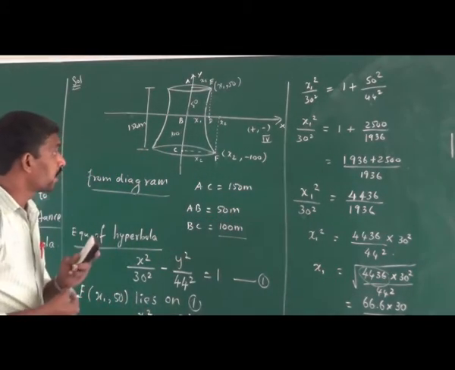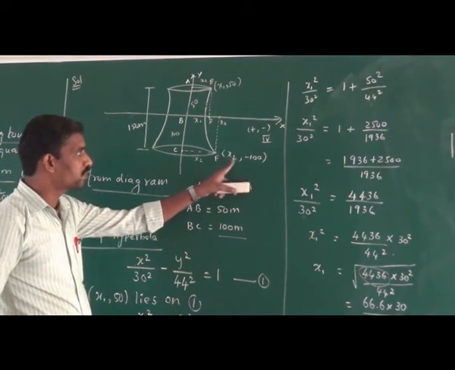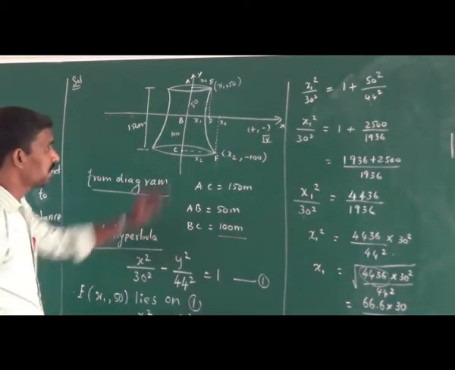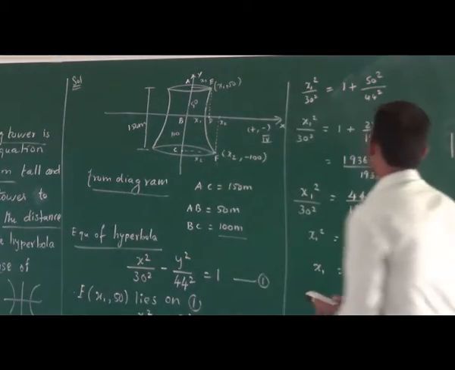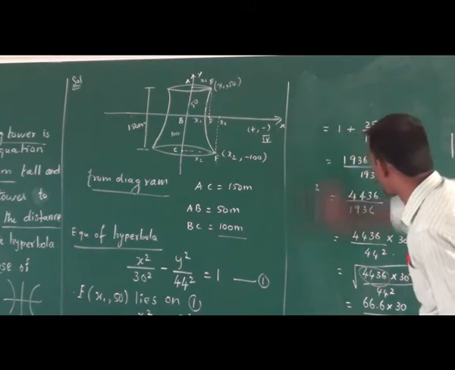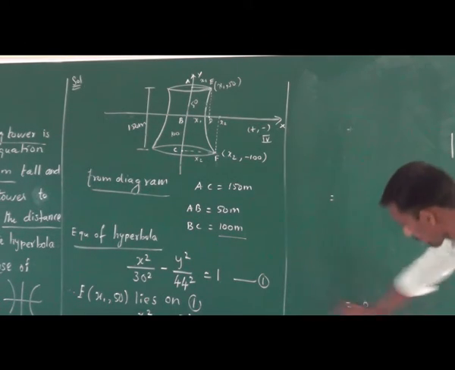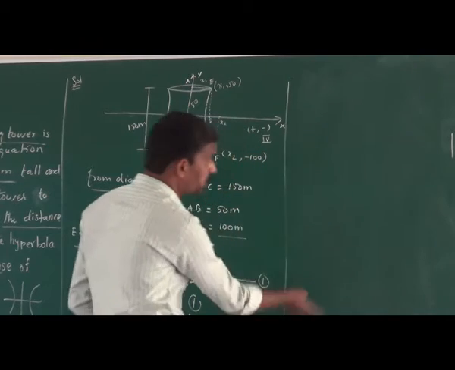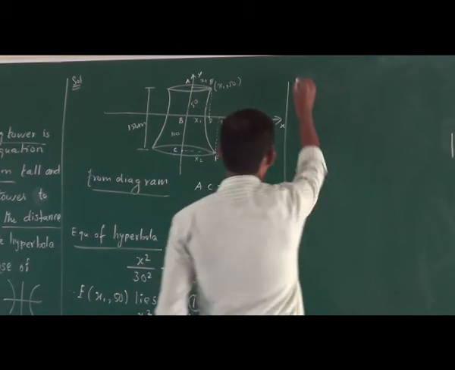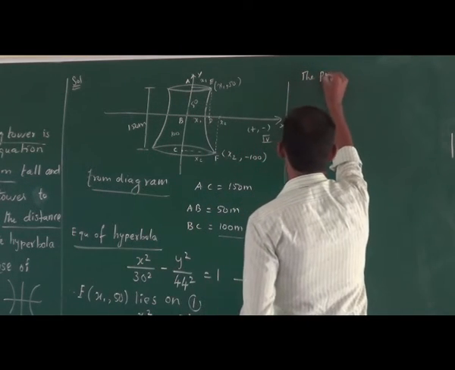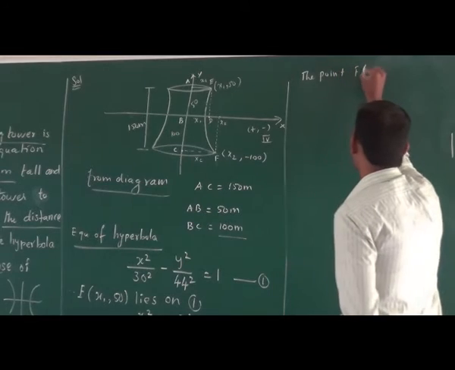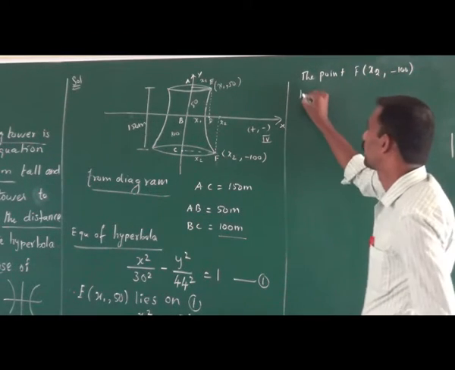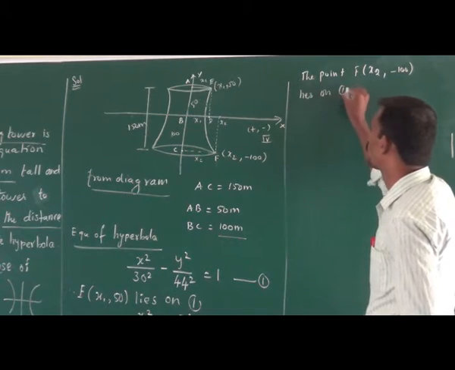So this is nothing but x2 comma minus 100. Okay, next, now this point F, x2 comma minus 100 lies on the hyperbola. Okay, I erase this one. After this, we want to continue that one. So therefore, the point F x2 comma minus 100 lies on it.